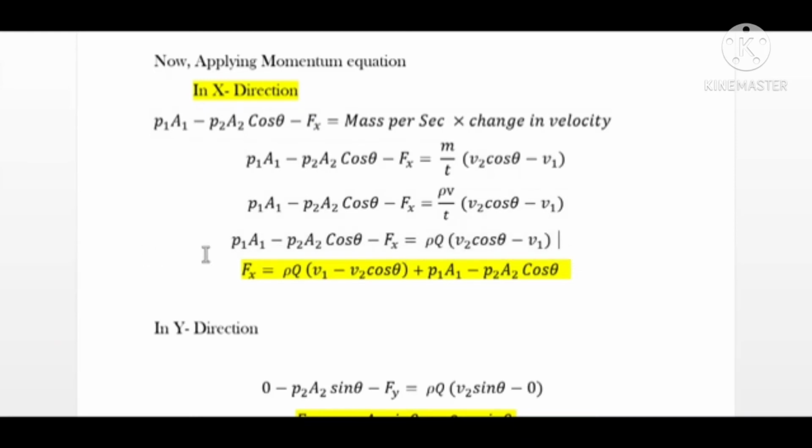On solving the equation, we find that Fx will be equal to rho Q multiplied by (v1 minus v2 cos theta) plus P1 A1 minus P2 A2 cos theta. This will give you the force acting in the x direction onto the bend, because here it is Fx, and the negative of this will be acting on the fluid system because of the bend.